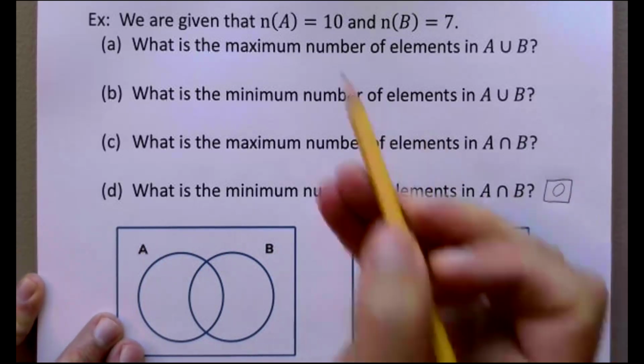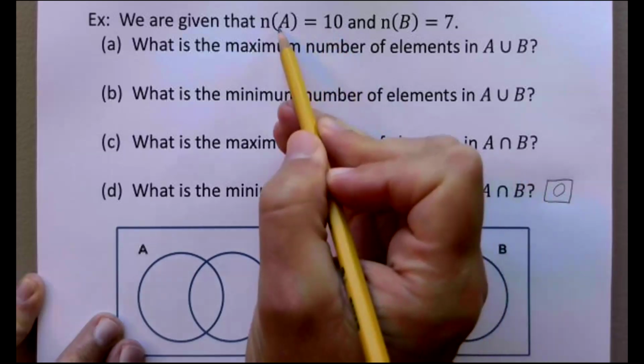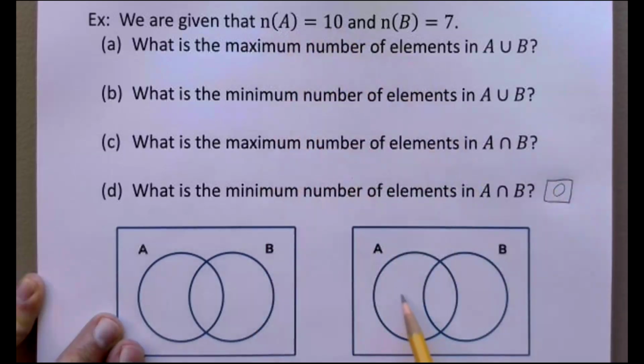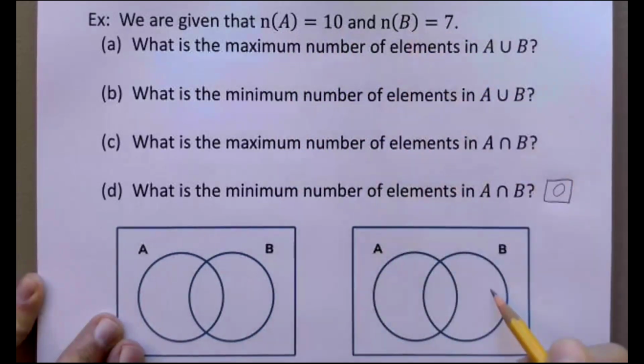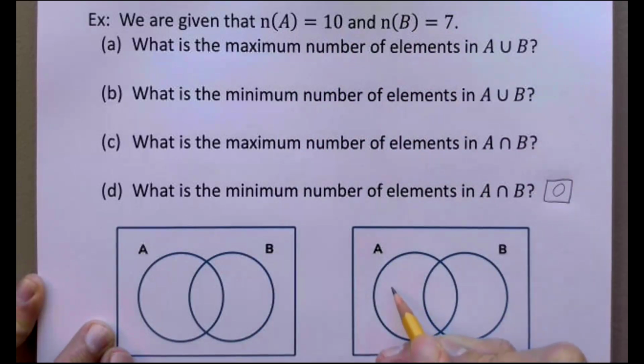How could there be nobody in the intersection? Well, that just means the 10 people that are in set A are all over in this part, and the 7 people that are in set B are all over here in this part. That makes sense? We could certainly have 10 people over here.